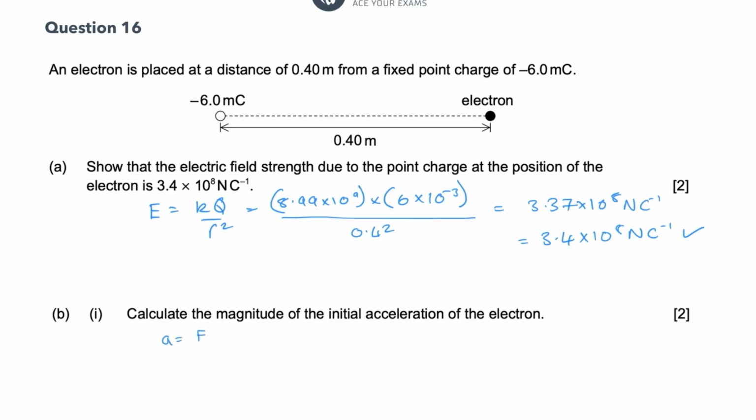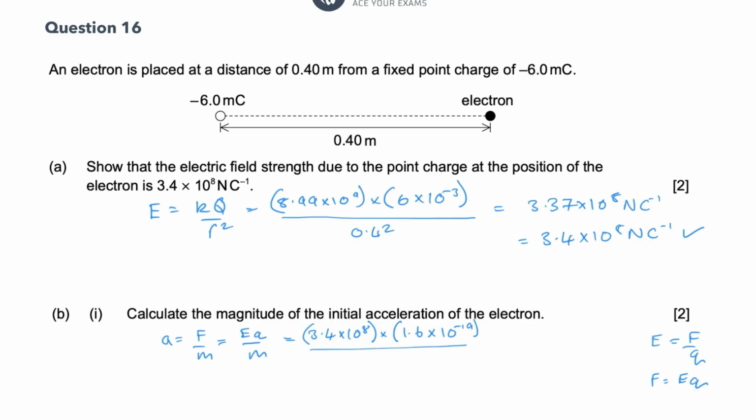a equals F over m, and remember here, E is equal to F over Q, so F is equal to EQ. So instead of putting F up here, we'll put EQ over m. The electric field is 3.4 times 10 to the 8. Charge on the electron is 1.6 times 10 to the -19.